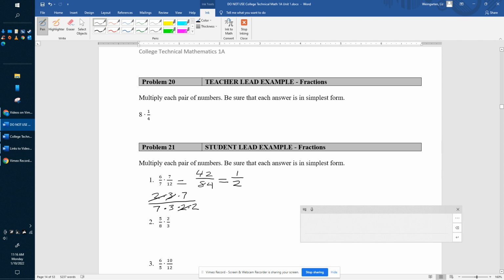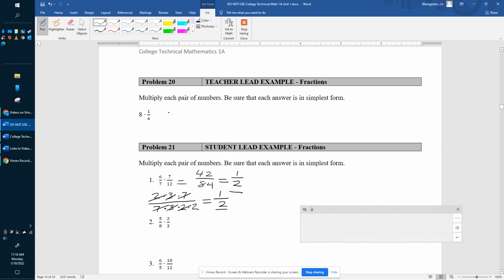We can take out a 3. We can take out a 7. And that leaves us, there's nothing left on top. We do not put a 0 on top when there's nothing left on top. You have to make sure you put a 1 up there. If something reduces down, remember, it becomes 1, not 0. And on the bottom, the only thing left is 2. So we get the same number in 2 different ways. So you can choose which way works best for you.